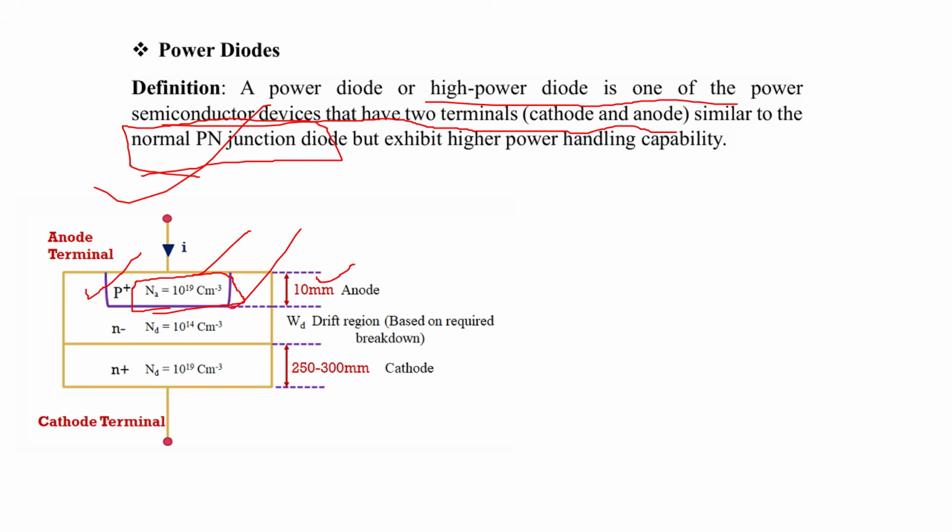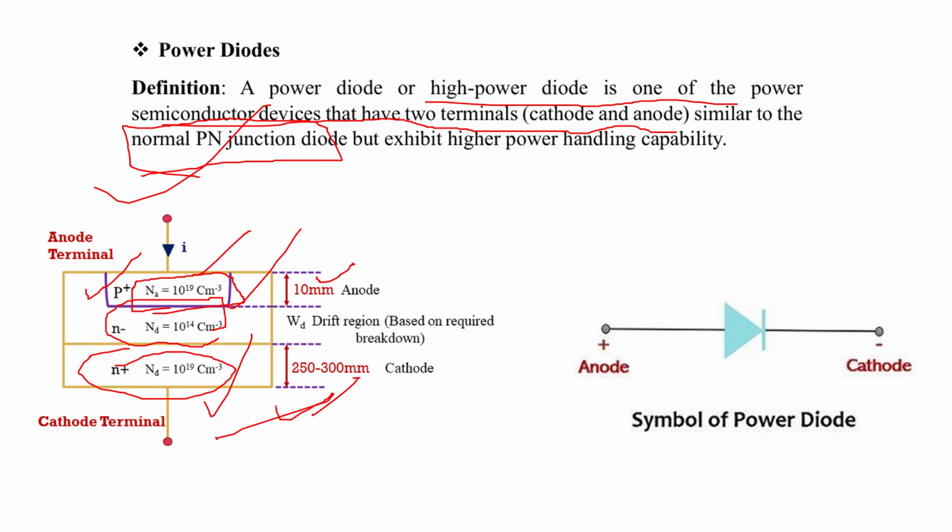Here 10 mm, and also see the doping of the n layer, again very high, 10 to the power 14, and the n plus layer, 10 to the power 19. So doping is very, very high, and the width is 250 to 300 millimeter. Very high dimension, so that is why this is the power diode.